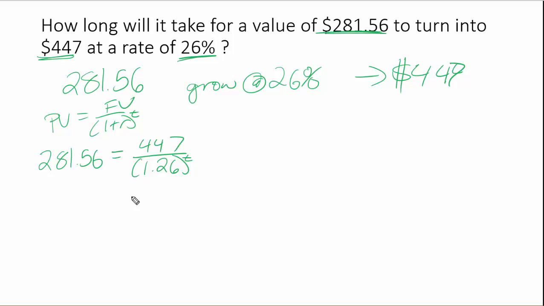Then we do some algebra. On this part we're going to have to use natural logarithms in order to solve for t, and this is going to tell us that we have a value of 2. So it's going to take 2 years.